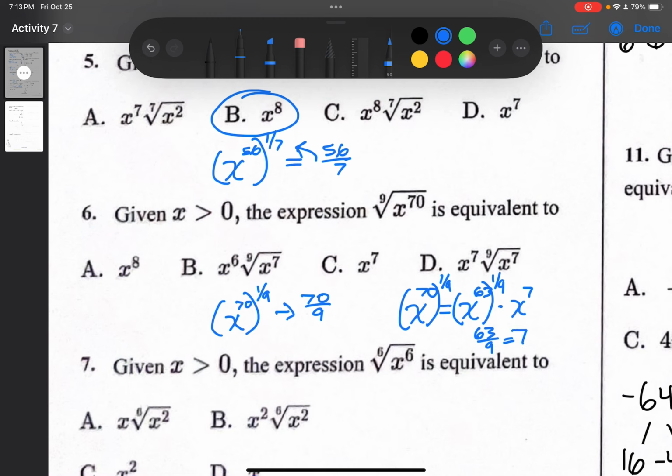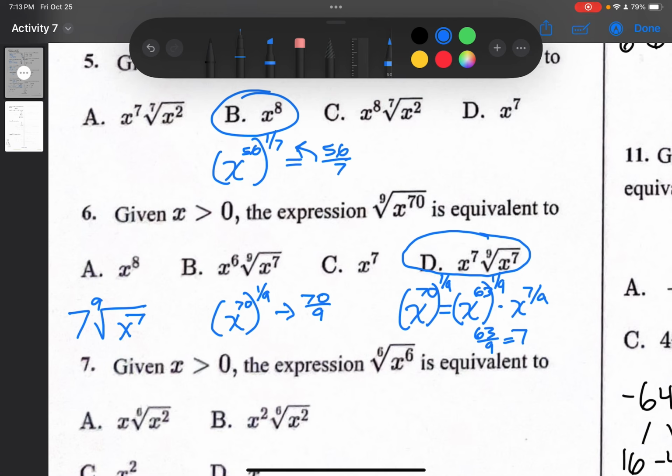So we have a 7 pulled out, but we still have that x to the 7th under there because 7 doesn't divide 9. So that 9 still stays in there. And that is kind of how you see on number 6 how D is the answer there.